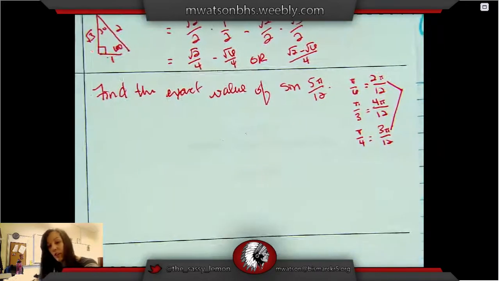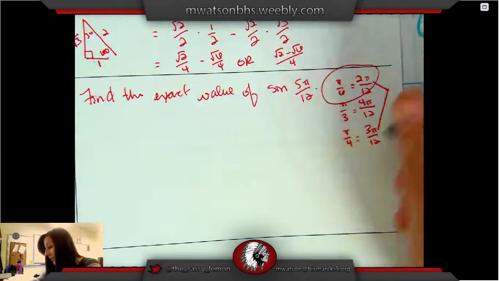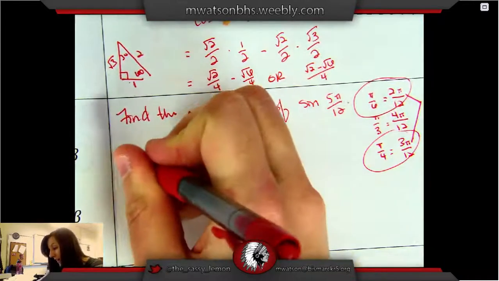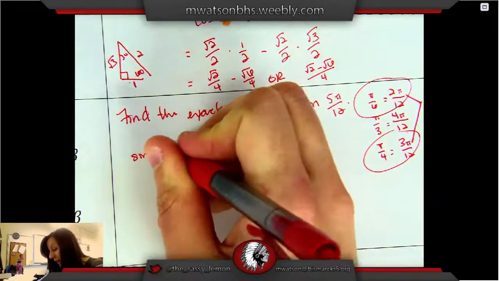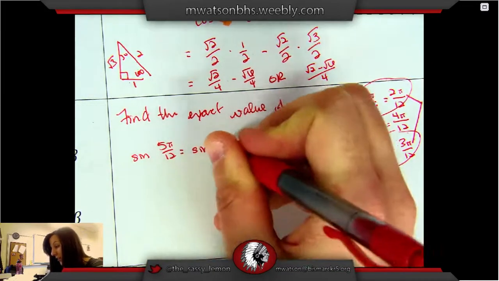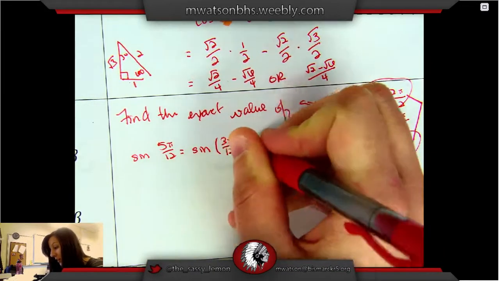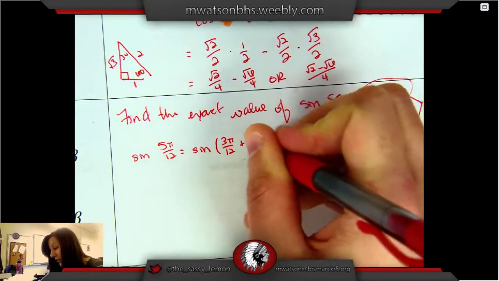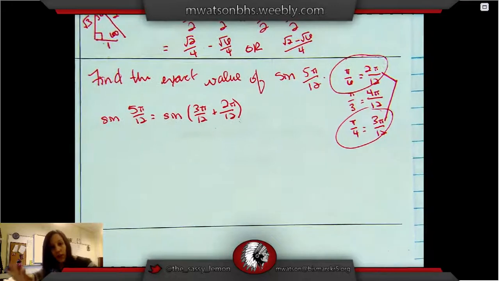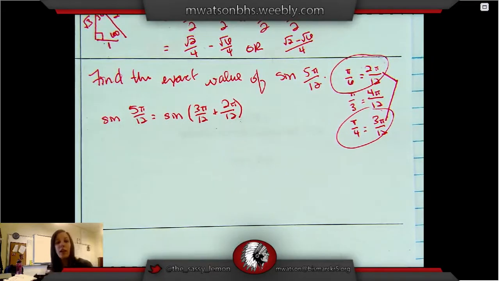So we don't need to do any extra work. Over here, we're going to write sine of 5 pi over 12 is equal to sine of 3 pi over 12 plus 2 pi over 12. And the order doesn't matter, okay? So if you're wondering, does it matter which order I put it in? No, it'll come out to the same thing.